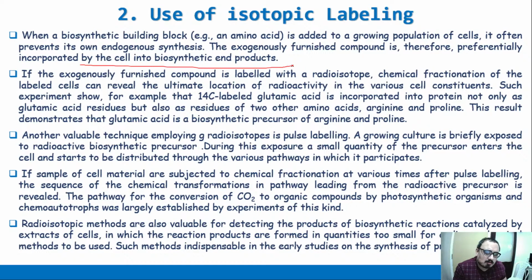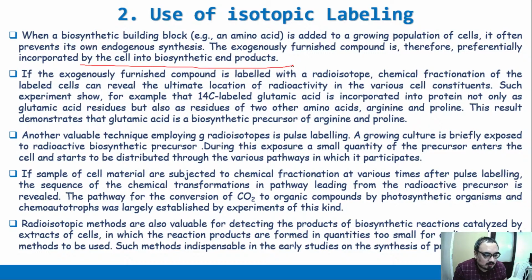And using various other techniques, we can find out the structures by detecting the radioactivity of the products of biochemical synthetic reactions catalyzed by extracts of the cells, in which the reaction products are formed in quantities too small for ordinary chemical methods to be used.